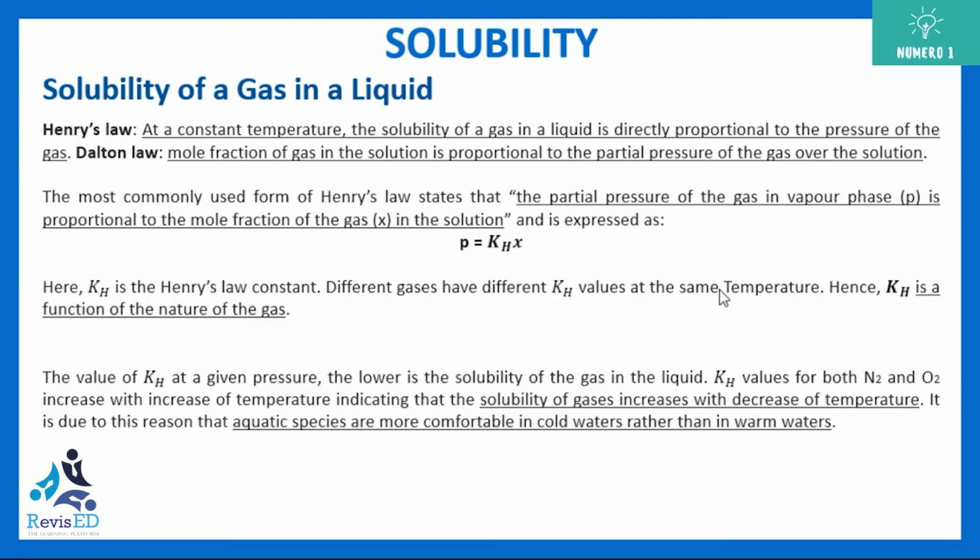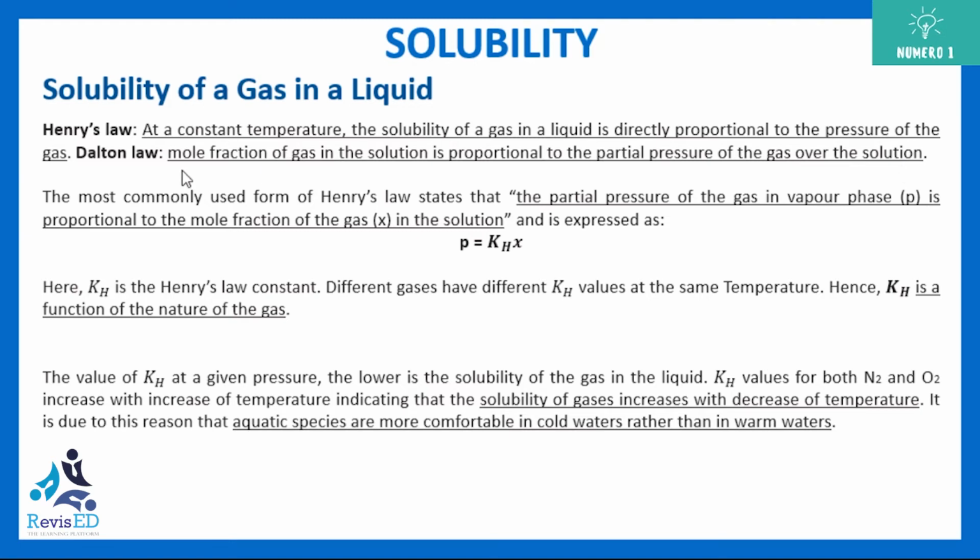Henry was the first person to give a law about this. What he said is, at a constant temperature, the solubility of a gas in a liquid is directly proportional to the pressure of the gas. Gas is more soluble if more pressure is applied. Dalton's law says that the mole fraction of the gas in solution is proportional to the partial pressure of the gas over the solution.